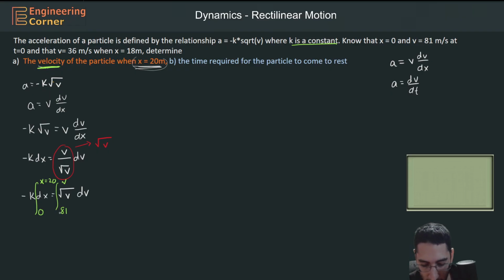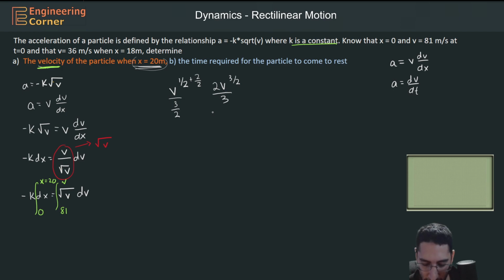Again, what is this integral? The square root of v is really v to the 1/2. If I take the integral of v to the 1/2, I have to add 1 and divide by 3/2. So this becomes 2/3 v to the 3/2.